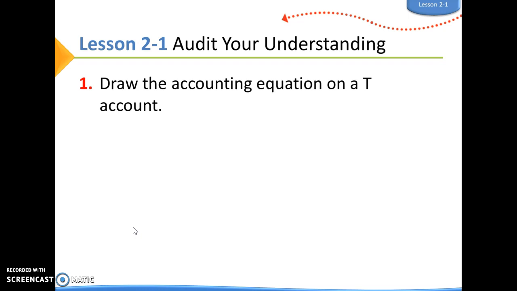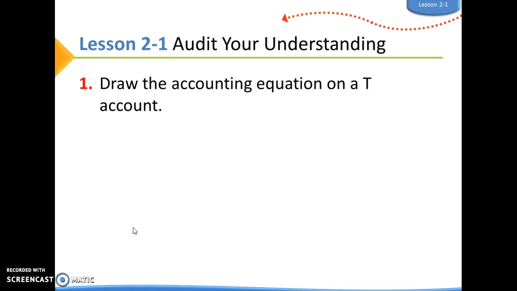So if you put it on a T account, where does your line go? On the equal sign. You got to make sure you have your line on the equal sign, not in the liabilities, not on the plus sign.